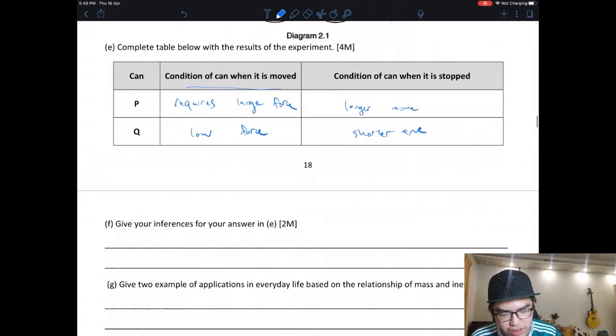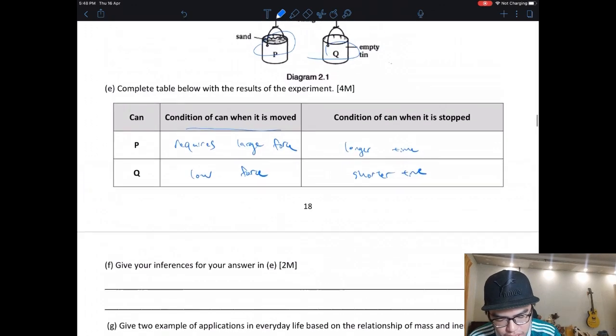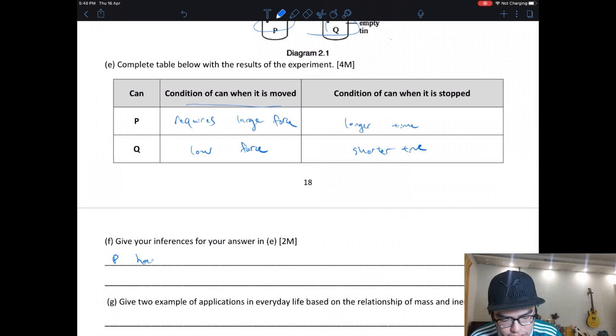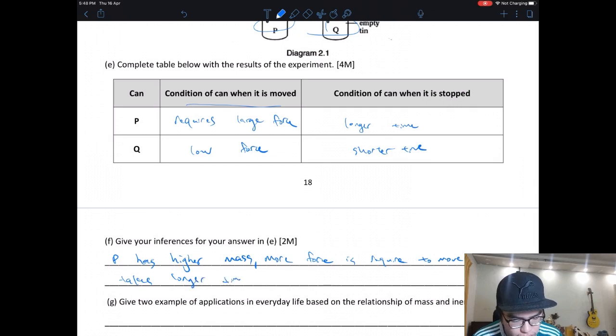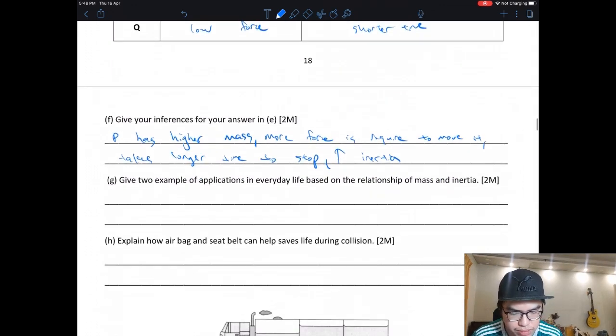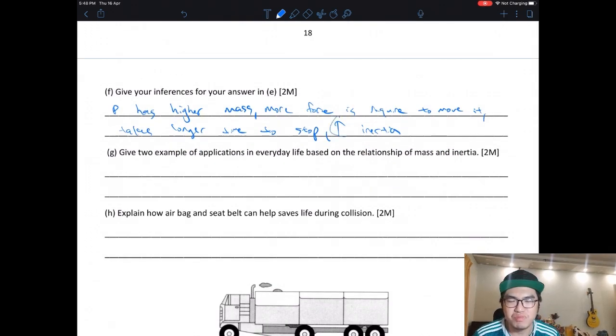Give your inference. You can say P has higher mass, so more force is required to move it, takes longer time to stop, higher inertia. You can just say high inertia would do.